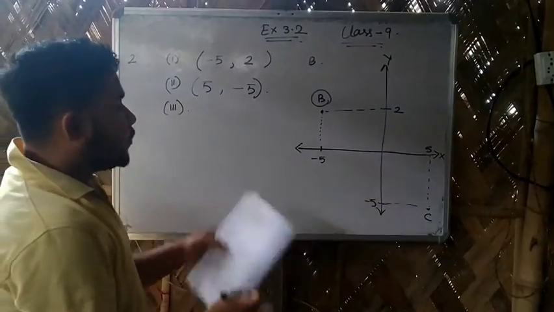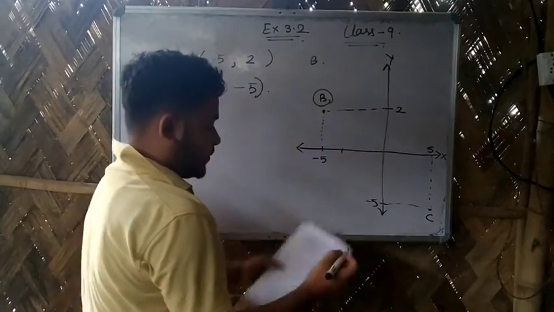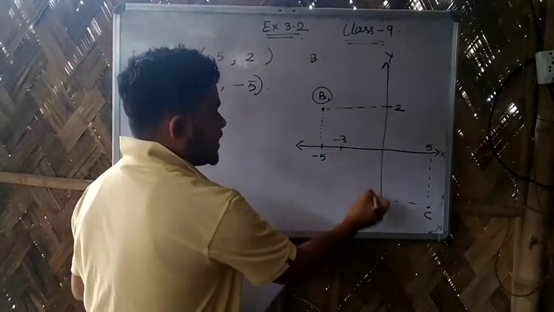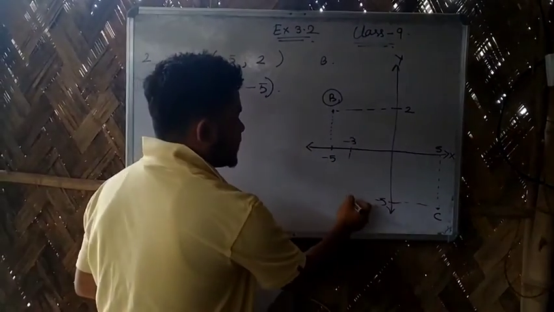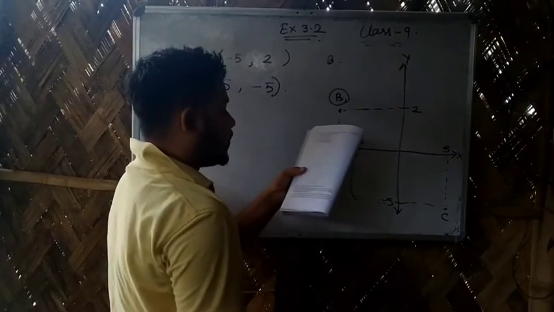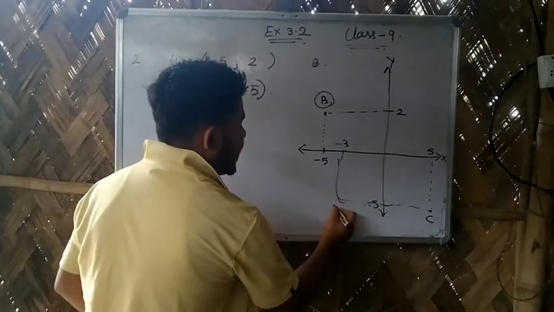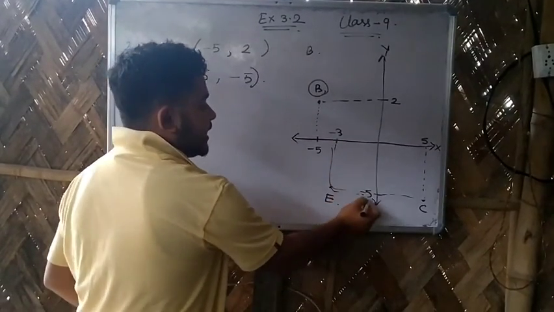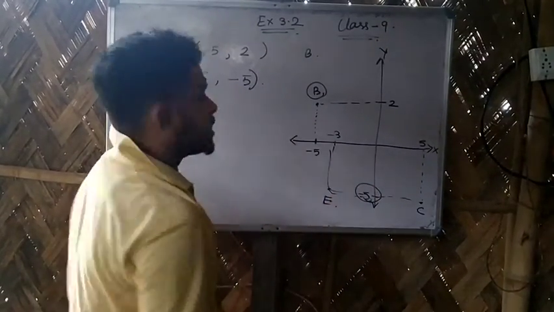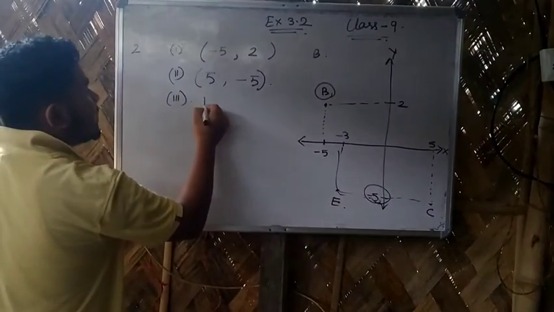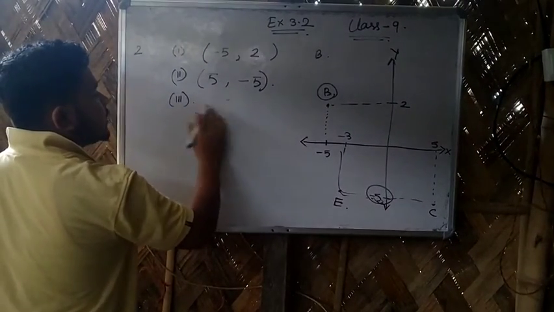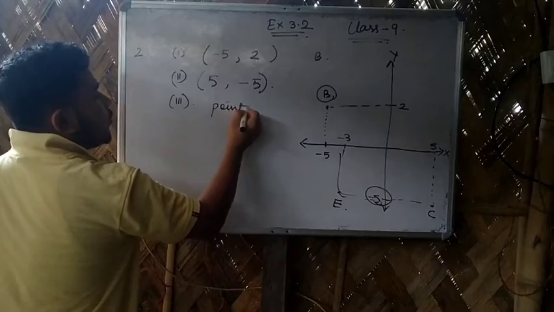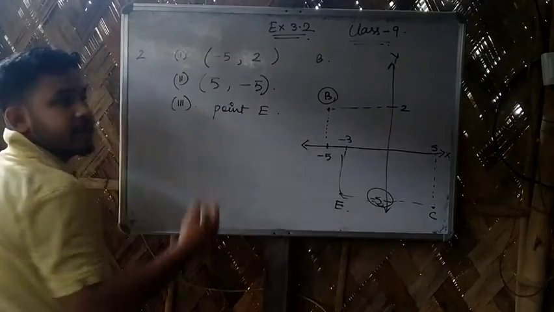Please see the point where -3 in the x-axis and -5 in the y-axis are present. If you see properly, that point is point E. E is present at -3 in the x-axis and at -5 in the y-axis. So the answer of question number 3 will be point E.